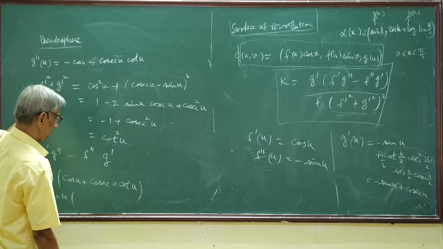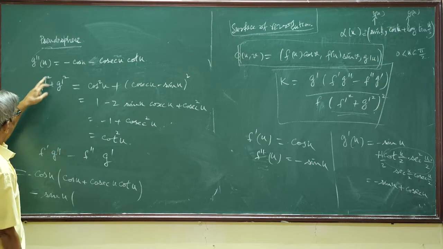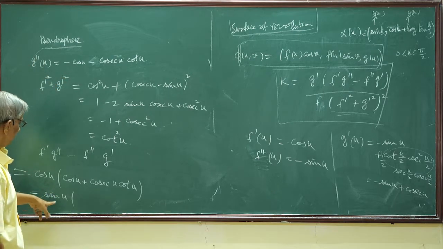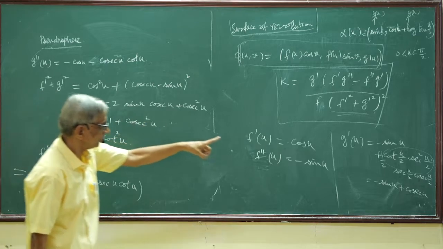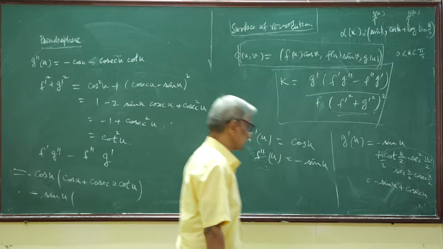Oh, there is a minus anyway, so no, this is what? F double dash into f dash, g dash, right? So minus sin u plus cosecant u.